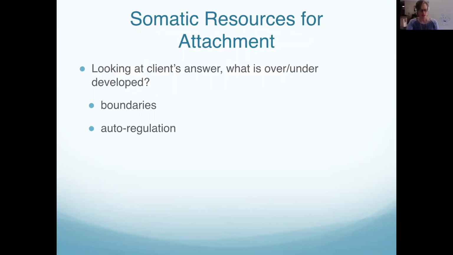And then auto-regulation: how do they regulate by themselves? For some people, they can only regulate through other people, through connection with someone else, by calling someone and getting help. Other people auto-regulate, so they can only regulate on their own.